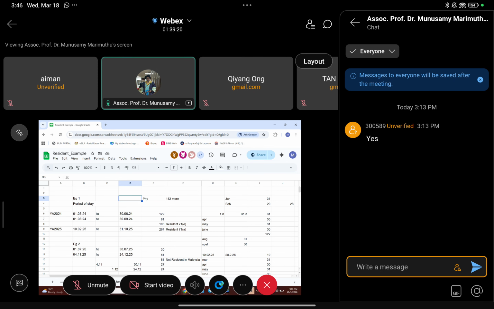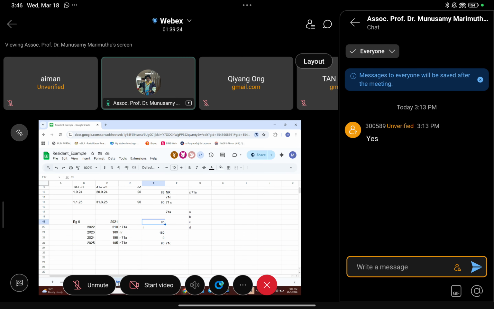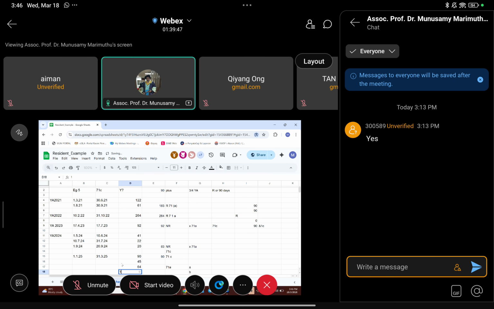So 1A, no problem. Okay, 1C, we do 1C first. So 1C, make sure in the year of the question there must be 90 days or more. It can happen in multi-period. For example, if this is 45, this is 64, so you get 105.